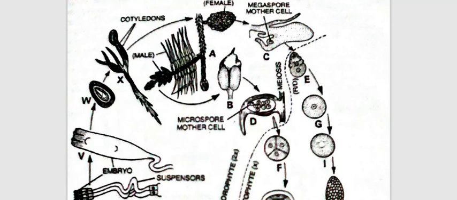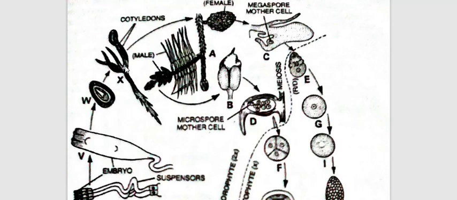Then this seed germinates when it falls on a suitable place for its growth. On germination, the hypocotyl region has the radicle, and this radicle grows to form the root, and this root enters into the soil.